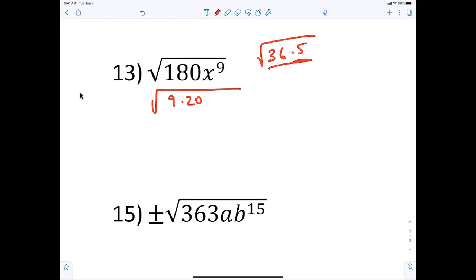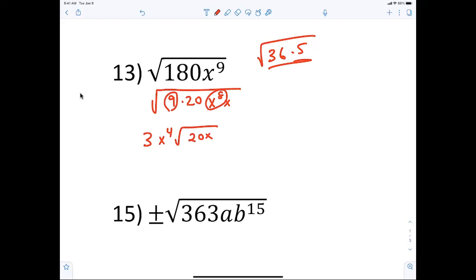And then x to the 9th has to break down to x to the what? x to the 8th and x. Now, what's the square root of 9? 3. What's the square root of x to the 8th? And what's left behind? 20x. Now, is there a perfect square in 20?